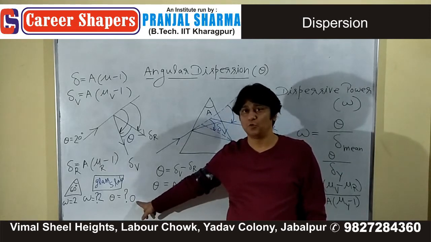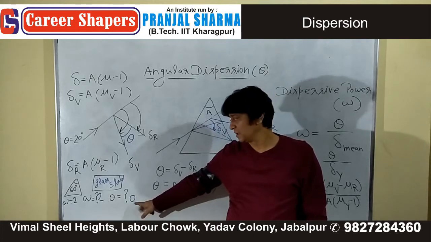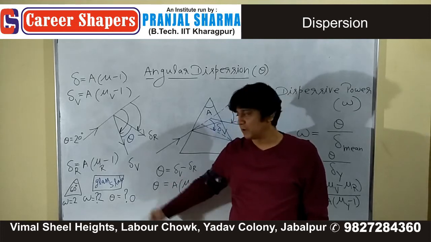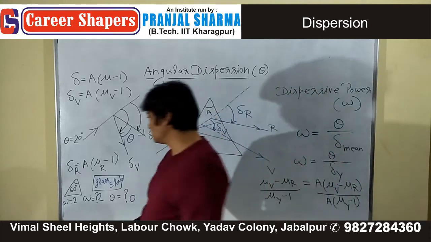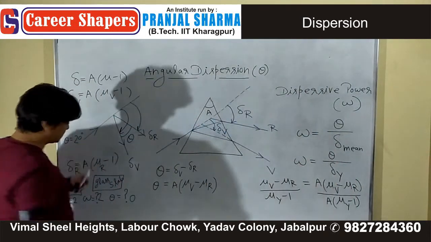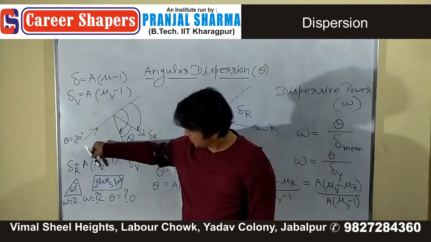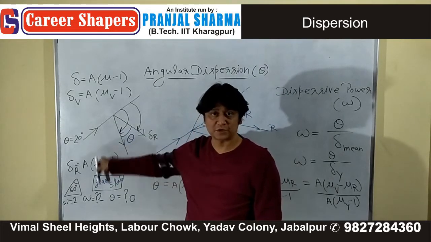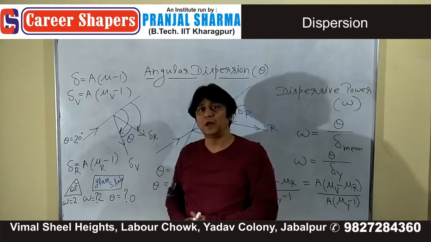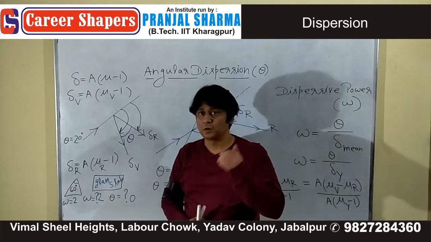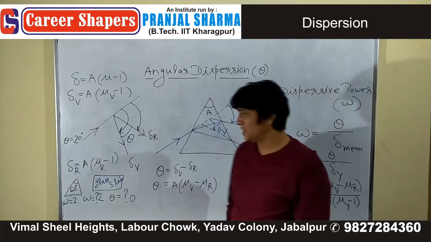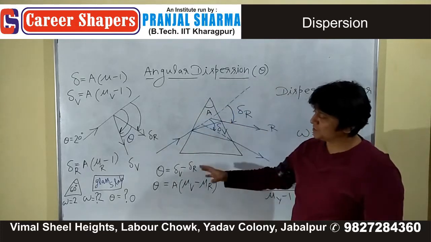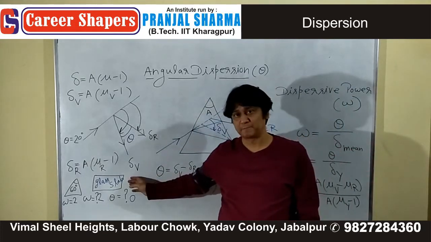Theta is 0. That means if white light comes and interacts with this glass slab, as it comes out, you will again see white light. Now, this is something very interesting.